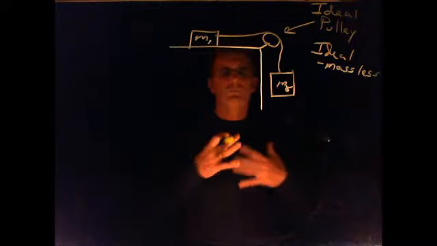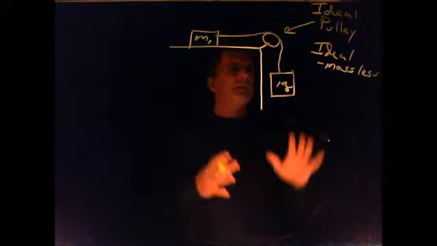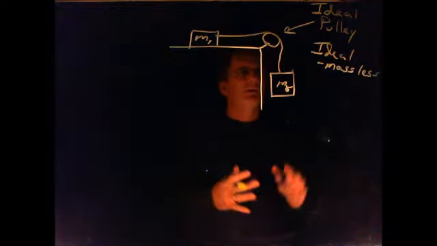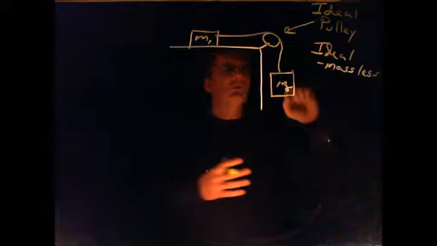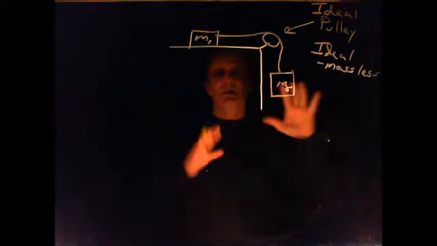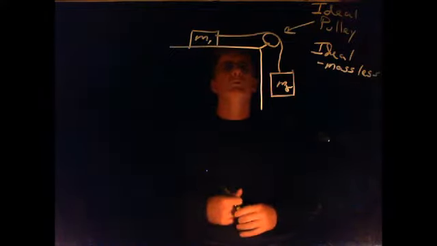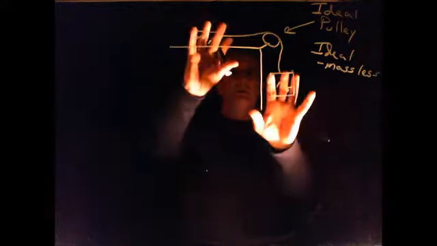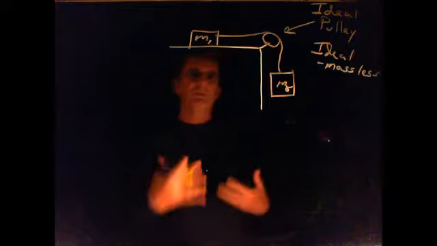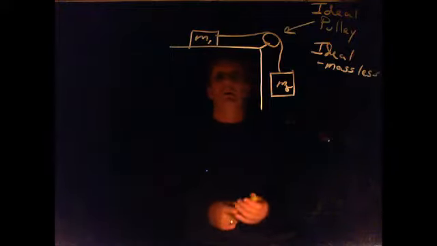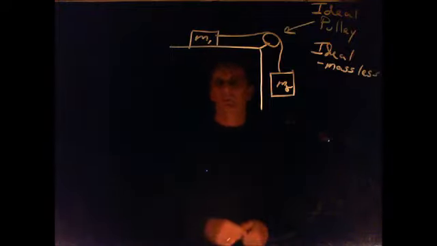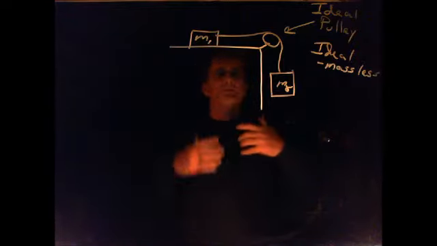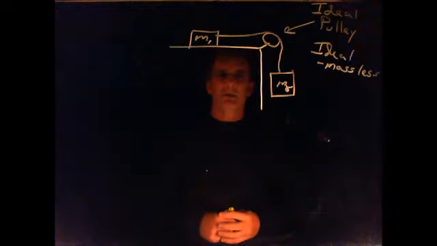It spins easily. A lot of times it's talked about as a frictionless axle. But when we talk about an ideal pulley, what that means is it has no mass, kind of like the rope. Of course it has mass, but the mass of the pulley is so small, it's much smaller than everything else, so nothing is affected by that. In rotational motion, we do talk about the effects of a pulley when it does have mass.